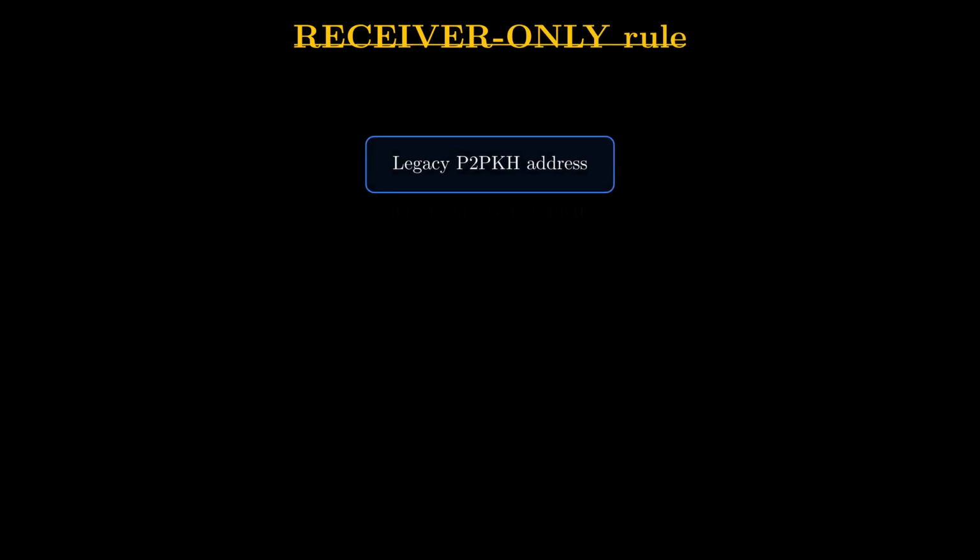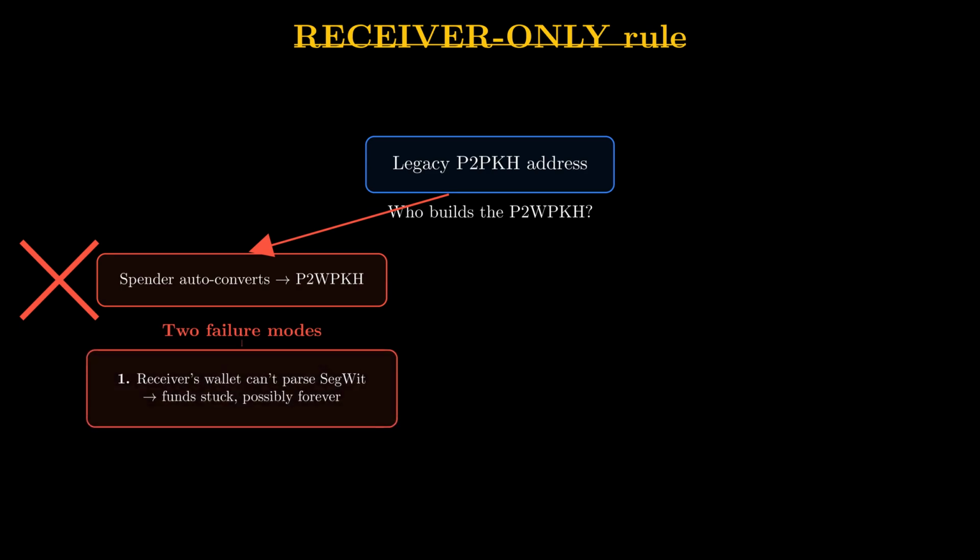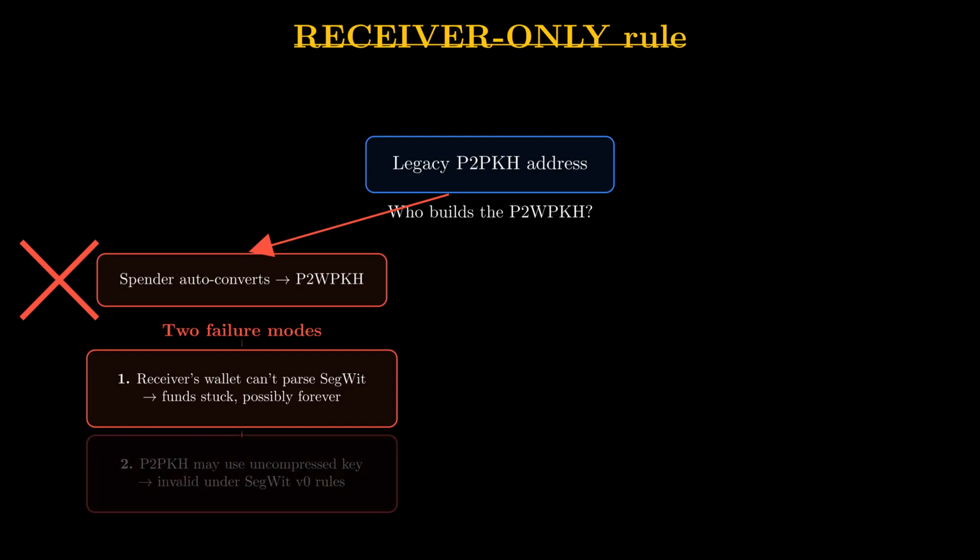One critical rule about who builds these outputs: only the receiver should construct a P2WPKH address, and only from a compressed public key. Why? A spender cannot safely auto-convert someone's legacy P2PKH address into a P2WPKH address to save fees. Two failure modes. First, the receiver's wallet may not understand SegWit, funds locked, possibly forever.